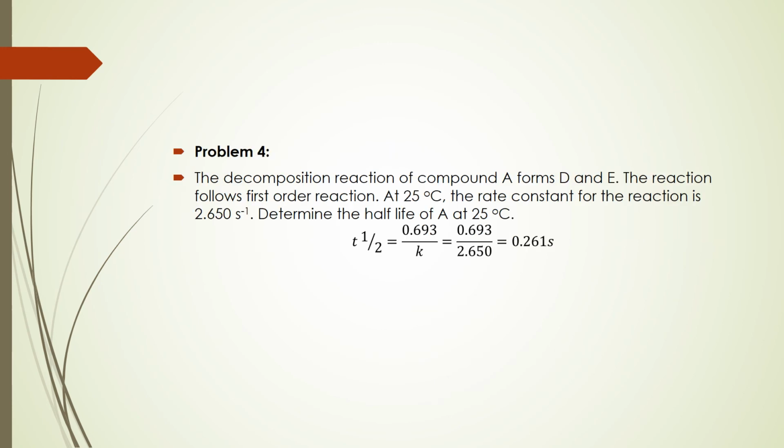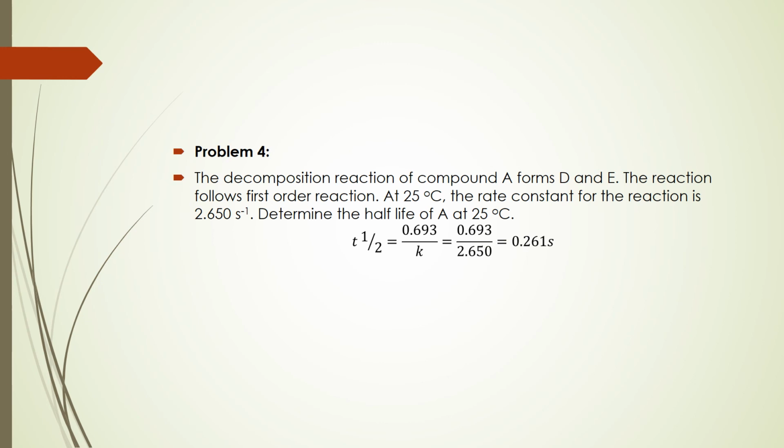For problem 4, this is an example of a decomposition reaction which asks about the half-life, or T half. The decomposition reaction of compound A forms D and E. The reaction follows first order reaction.